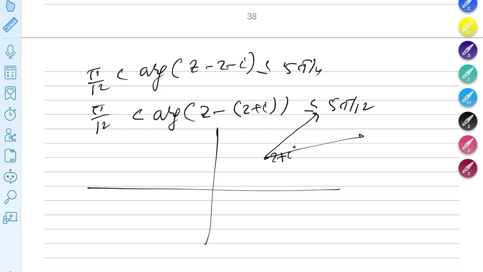Let's make pi by 12 smaller. So this is pi by 12 and this is 5 pi by 12. The region is between this ray at pi by 12 and the ray at 5 pi by 12.